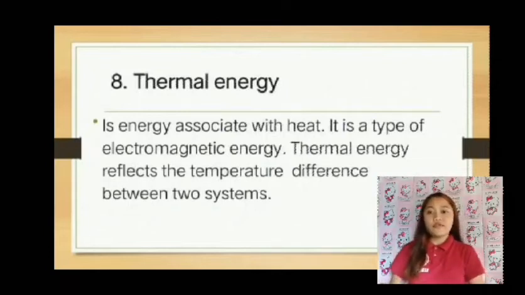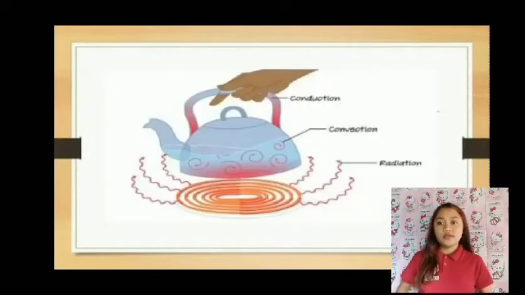This transfer of thermal energy from the stove to the pot and to the water is referred to as heat. In this picture, we can see the heated stove and the pot being put.